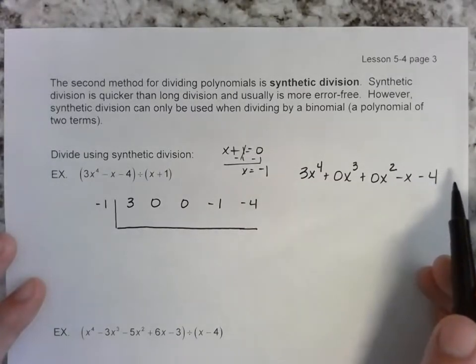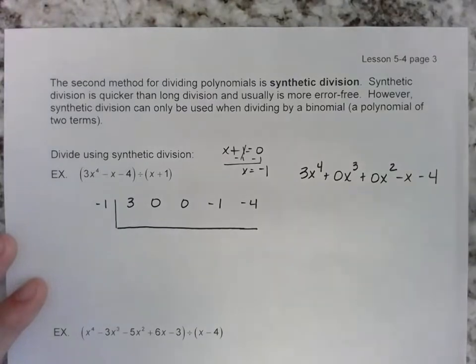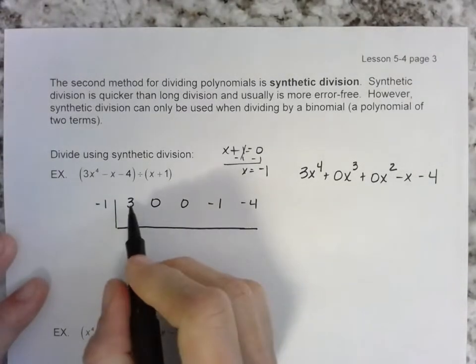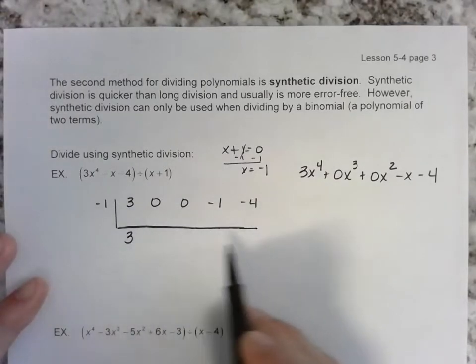Okay, once you get this set up, it's really fast and really quite simple once you get the hang of it. You always bring the first one straight down, and then you multiply, add, multiply, add, multiply, add, all the way down this problem.